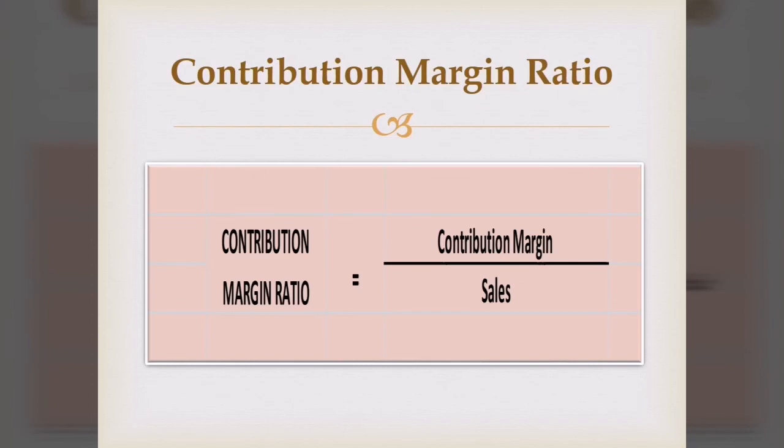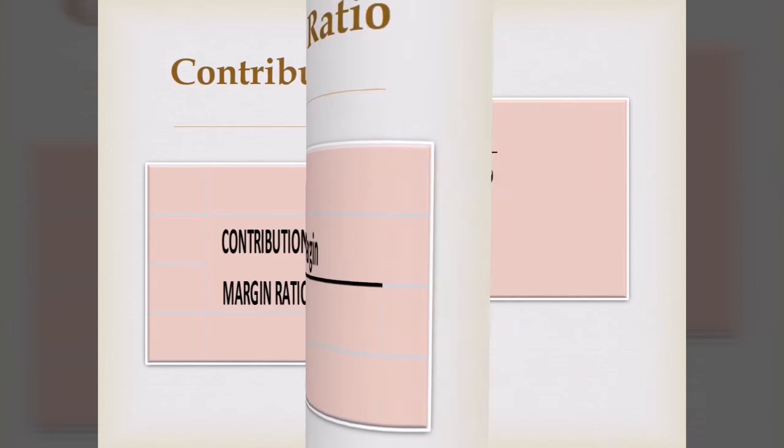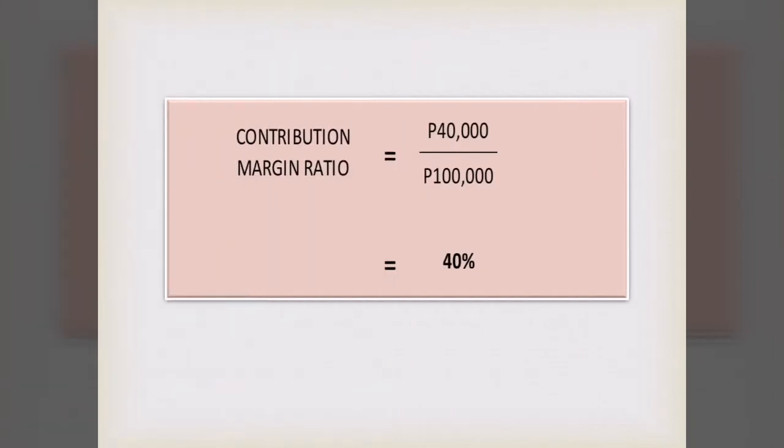Given the contribution margin per unit, we now compute the contribution margin ratio. Contribution margin ratio is contribution margin per unit divided by the sales. Contribution margin per unit of 40,000 divided by 100,000 selling price equals 40% contribution margin ratio.